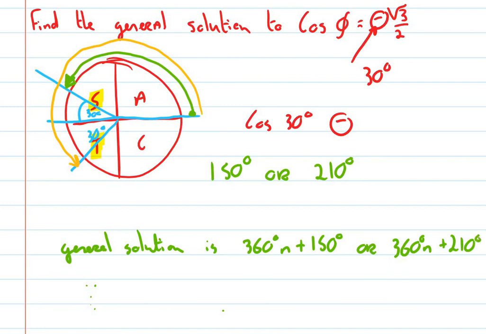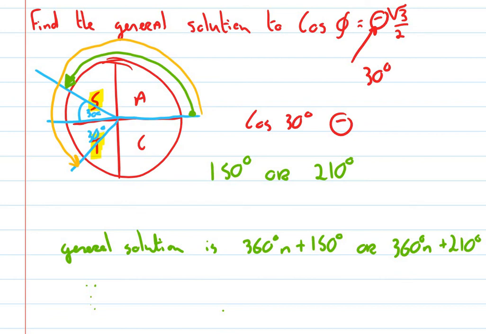Now that will give us every solution, because if we put in 0 for n here, so 360 multiplied by n, which is 0, plus 150, we get 150, and likewise we'll get 210 over here. However, if we put in 1 for n, that'll be 360 multiplied by 1, which is 360, plus the 150, which will give us the 510, and so on. We can put in 2 for n, and 3 for n, and 4 for n, and so on.